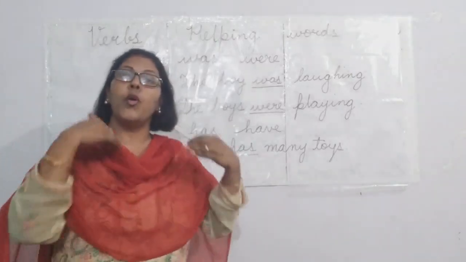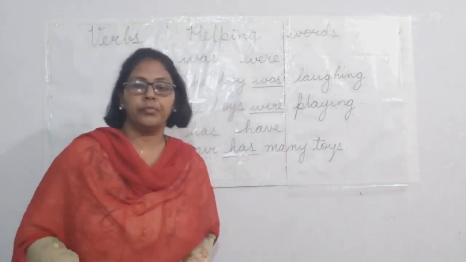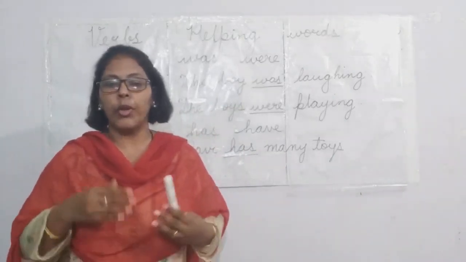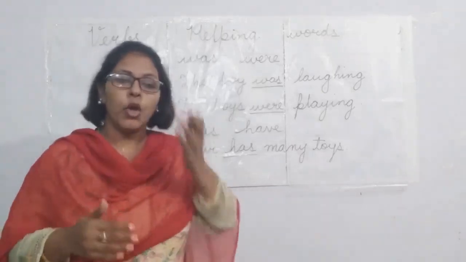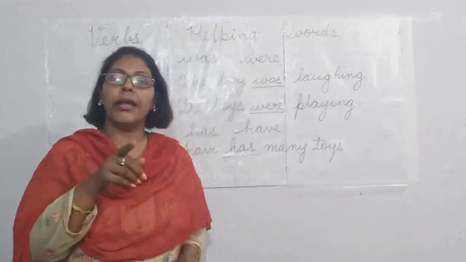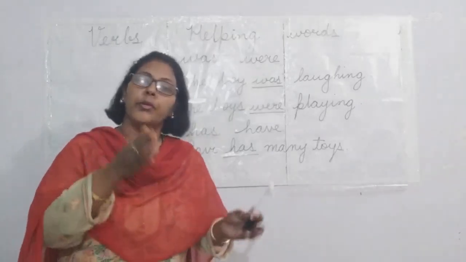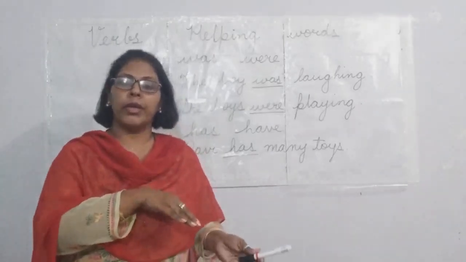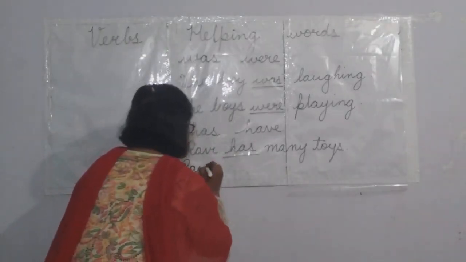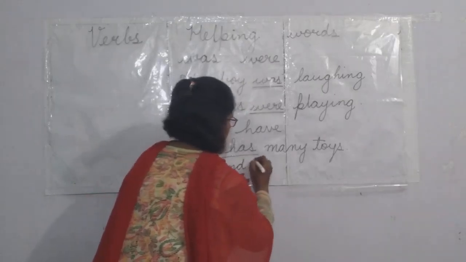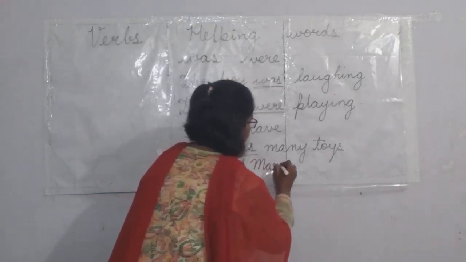Now have. Have is used for more than one person, animal, place or thing. We always use have with the pronoun I. Ravi and Mary have many toys.